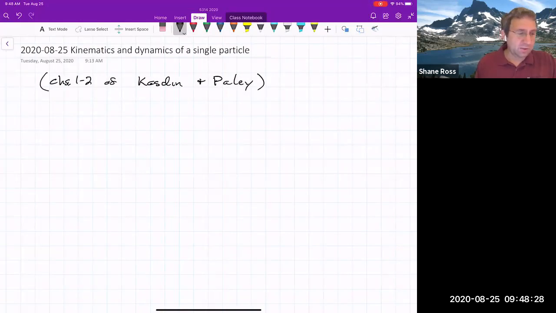And we're just going to start with defining an inertial frame. So an inertial frame, this is a frame where Newton's laws apply.